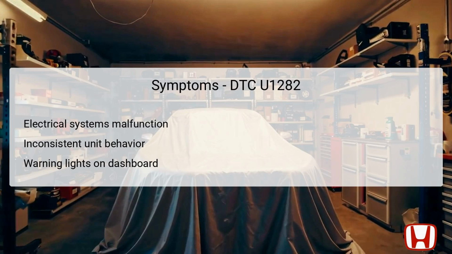This erratic functionality often results in a cascade of faults, risking inconvenience and safety. Additionally, dashboard warning lights may activate, alerting the driver to potential issues with the electrical system, thereby increasing driver concern. Recognizing and addressing these symptoms is crucial for restoring normal vehicle performance.